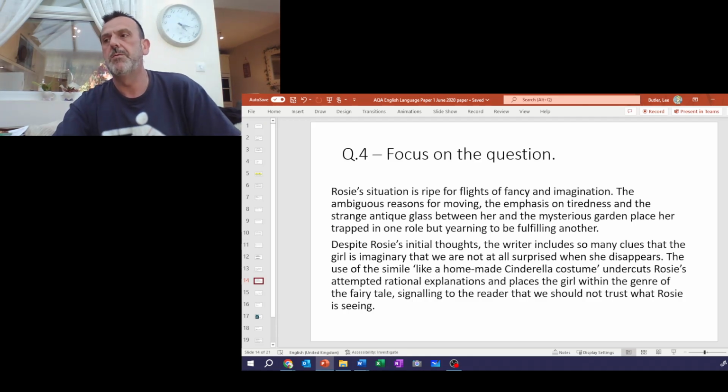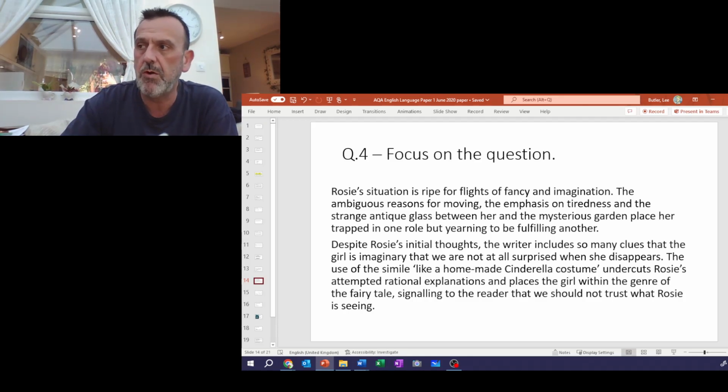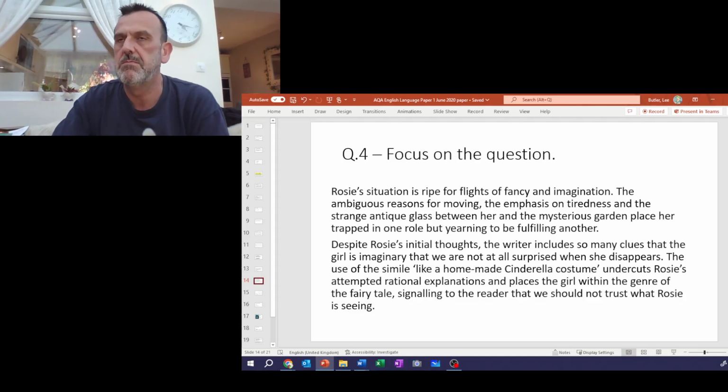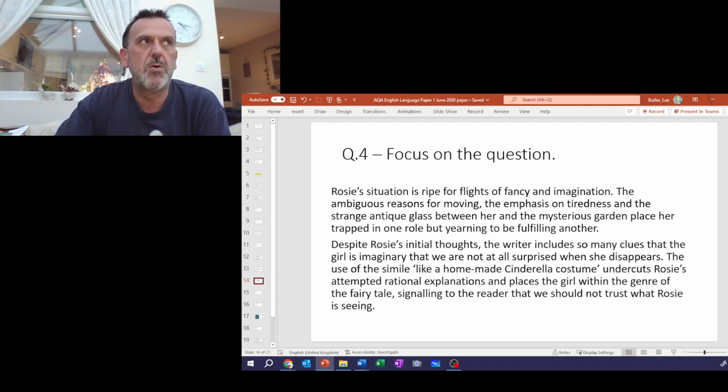So the bit at the start: Rose's situation is ripe for flights of fancy and imagination. The ambiguous reasons for moving, the emphasis on tidiness, and a strange antique glass between her and a mysterious garden place her trapped in one role but yearning to be fulfilling another. A little bit tenuous, but that would be my way in.